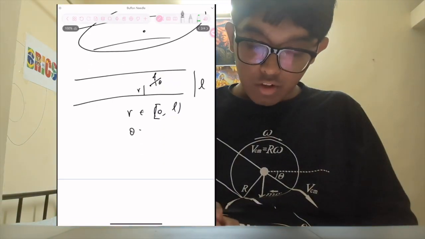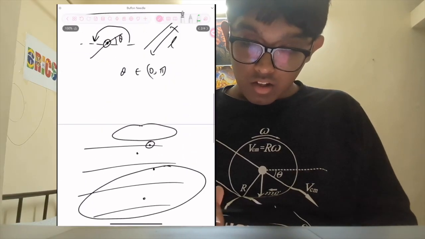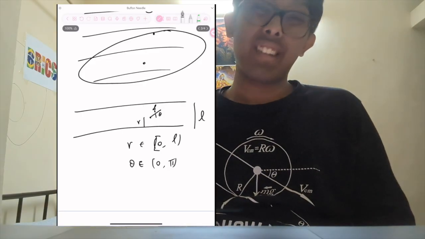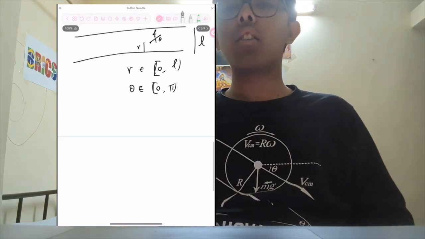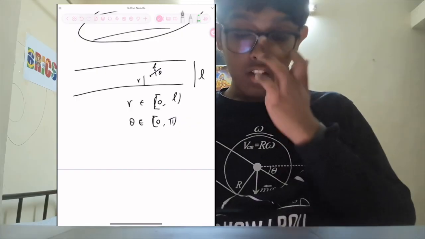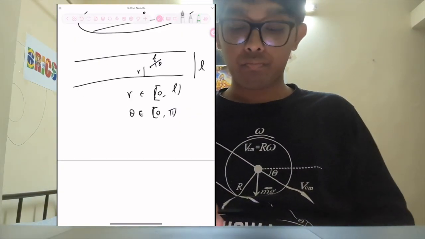And theta, we've already said, goes from 0 to pi. Whether they're included or not is irrelevant, but for this case, let's include 0, because it's a continuous variable, so the probability of it hitting exactly 0 is 0. Same thing, the probability of R being equal to 0 is 0.